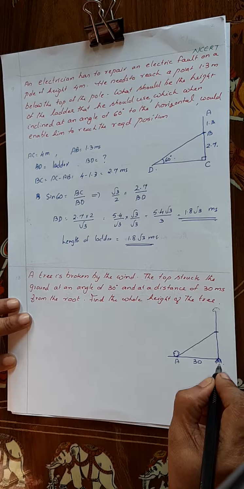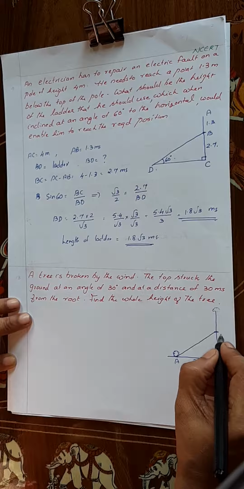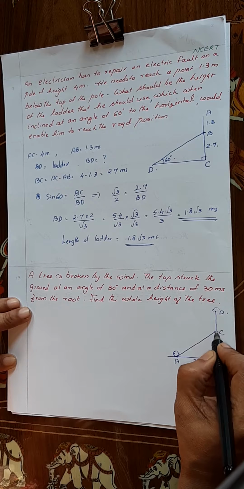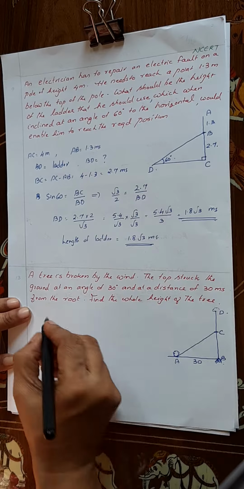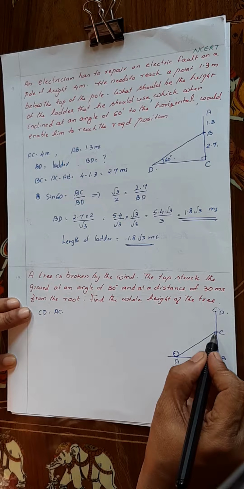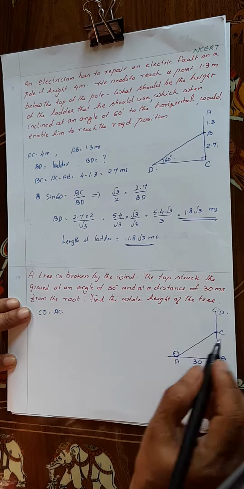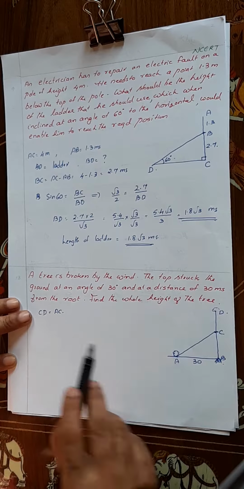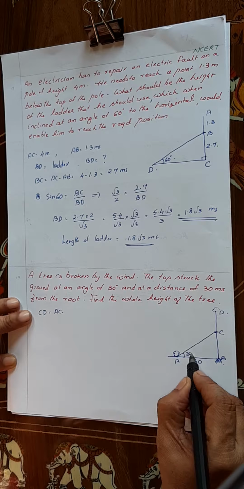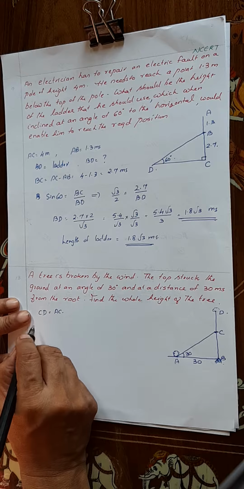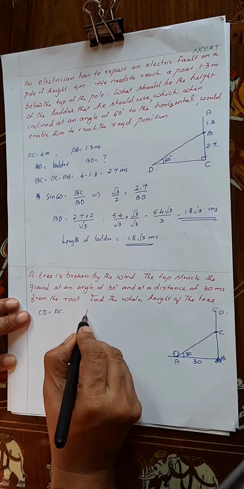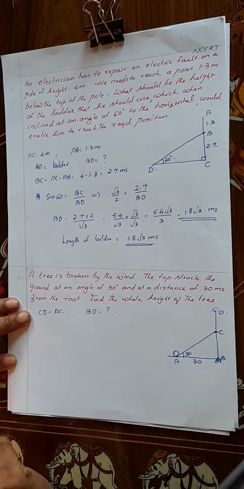So suppose we are writing this as A, B, C and D. So actually CD is equal to AC, because the tree is breaking at the point C, and this distance is given as 30 and angle is given as 30 degrees. So we have to find BD, the whole height of the tree.